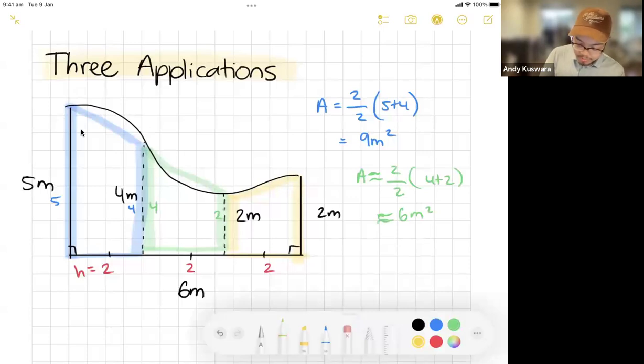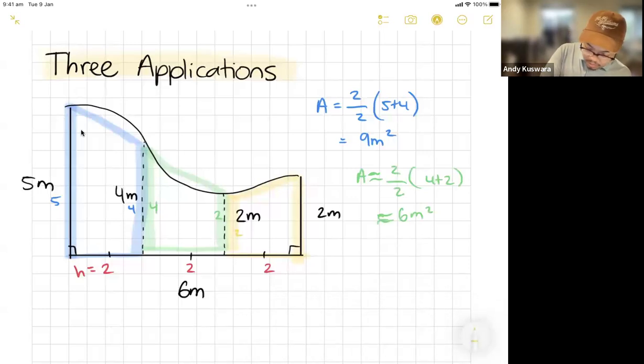Hopefully you can read it. For this one here, you can see it's just 2, 2, and 2. So here, my area for this one is going to be height on 2 times the 2 plus 2. And this here gives you most definitely 4 meters squared.